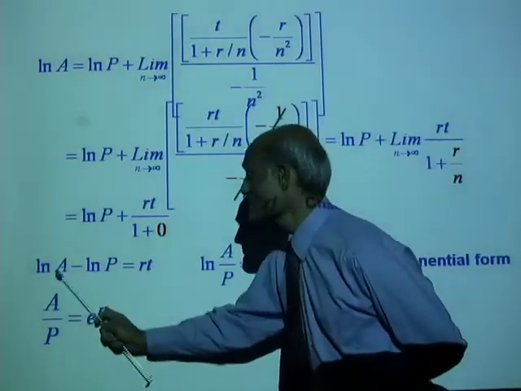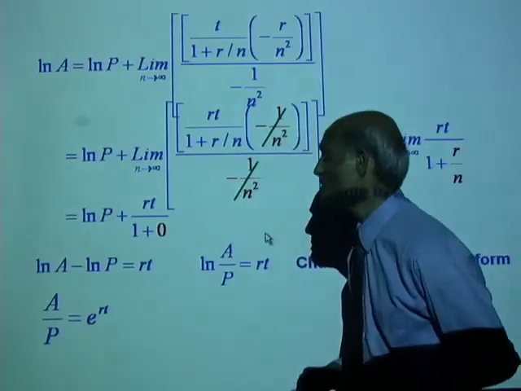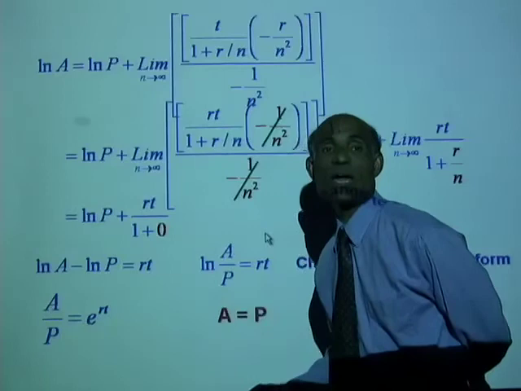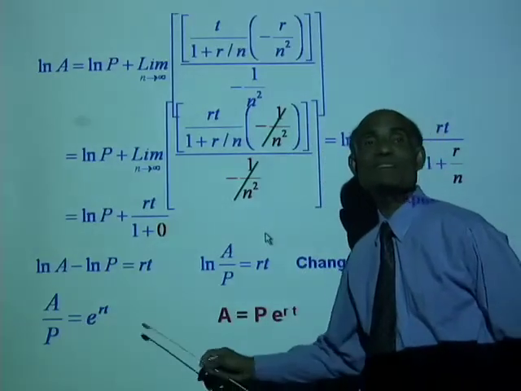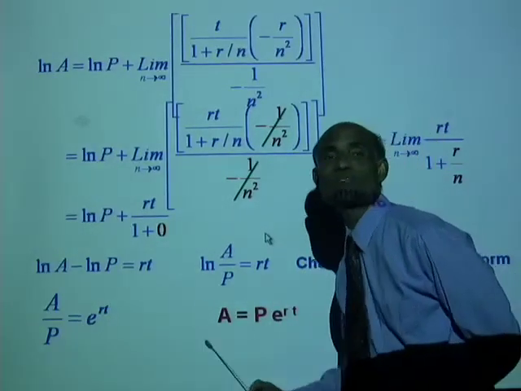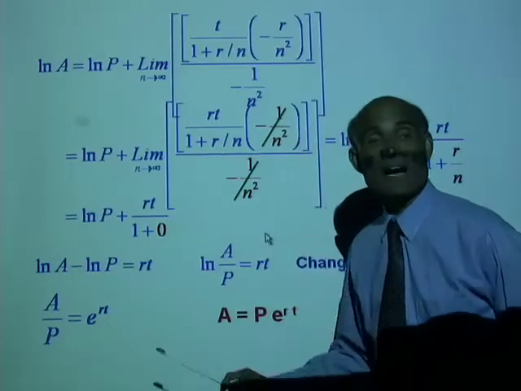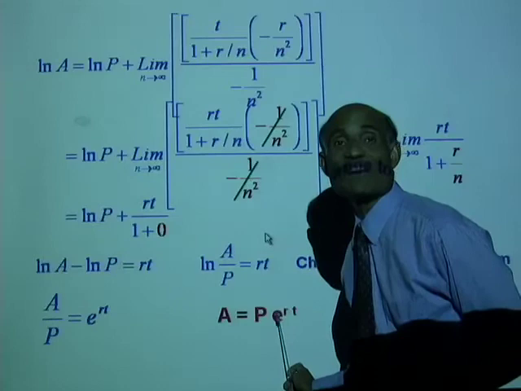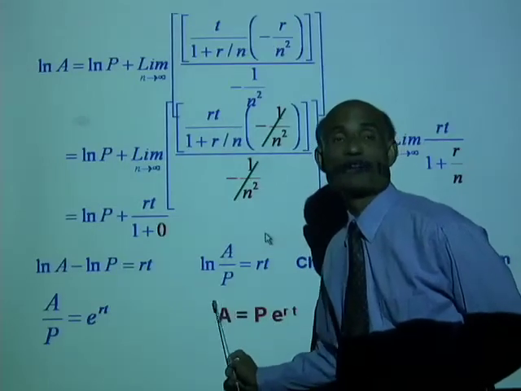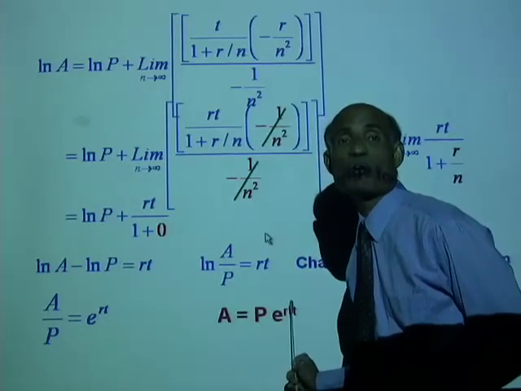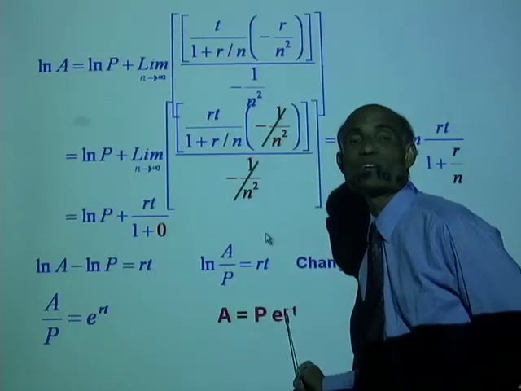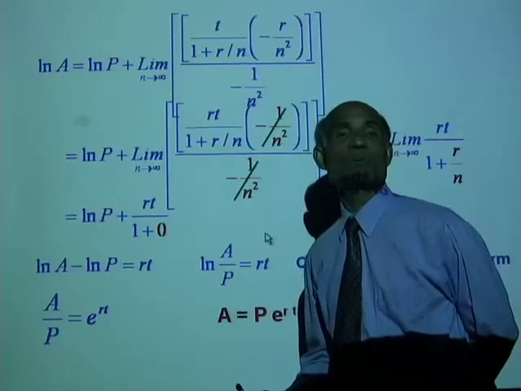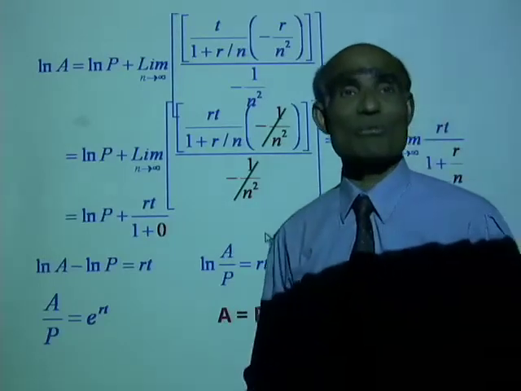So we get A over P equal to e to the power of rt, and that gives you A equal to P e to the power of rt. We have solved for A, and we got the expression for when interest is calculated continuously, the amount of money invested for a period of t years at an interest rate of r will be A equal to P e to the power of rt.